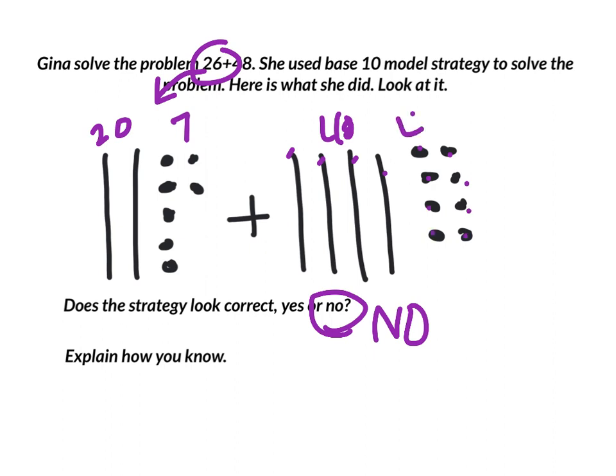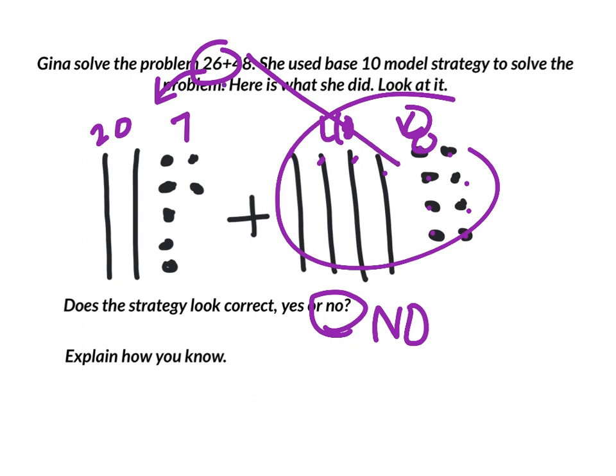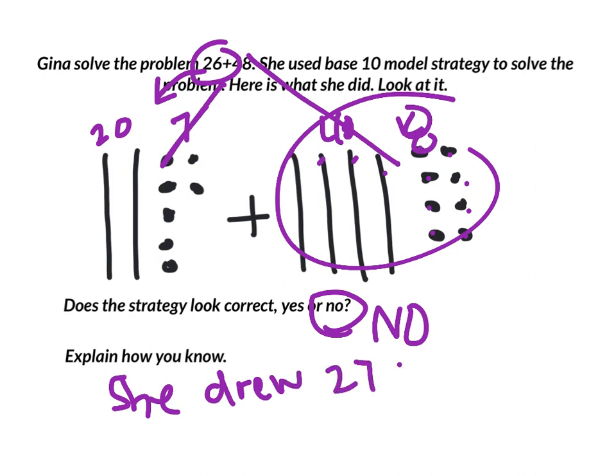Yes, this is 48, so this does represent this, but this is not good. So she made a mistake. How do you know? She drew 27 instead of 26. That's how I know.